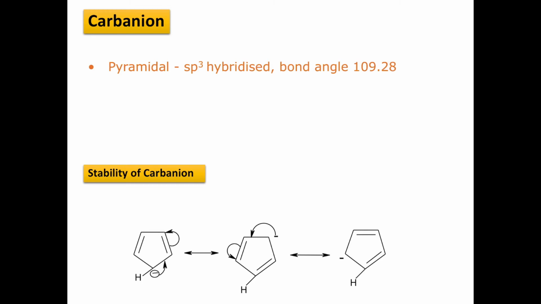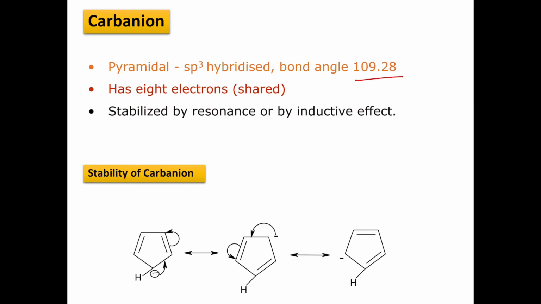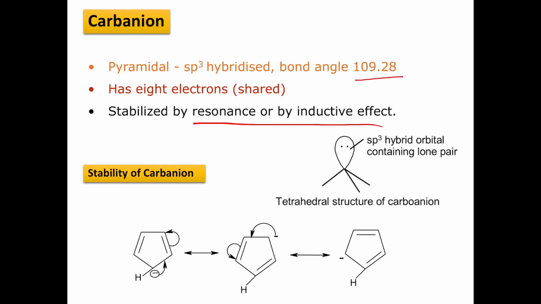In the carbanion structure we have sp3, and the angle of the bonds is 109.28. The stability of the carbanion ion is due to resonance, stabilized by resonance or by inductive effect.